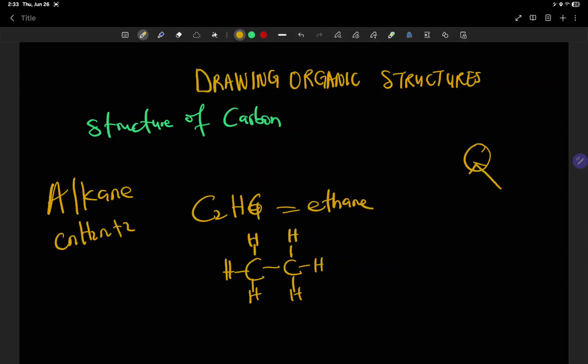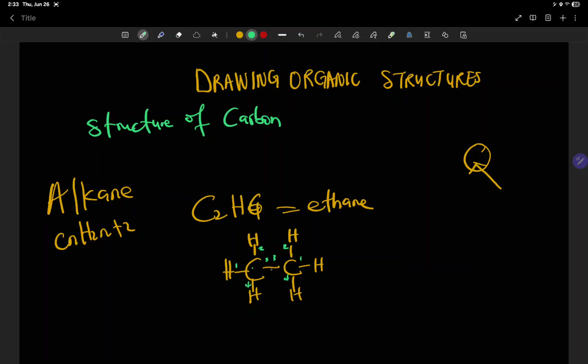C2H6. Now, let us check if these 2 carbons both have 4 arms individually. For this carbon, it is 1, 2, 3, 4. It has 4 arms. Now let's come to this carbon. It is 1, 2, 3, 4.